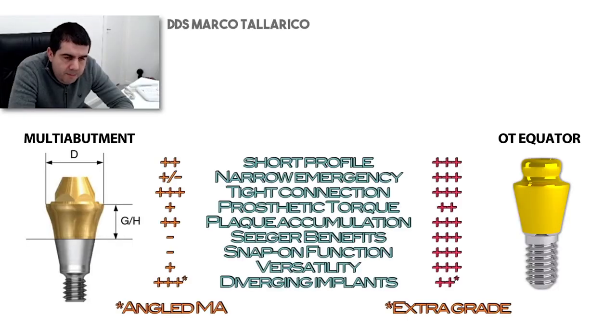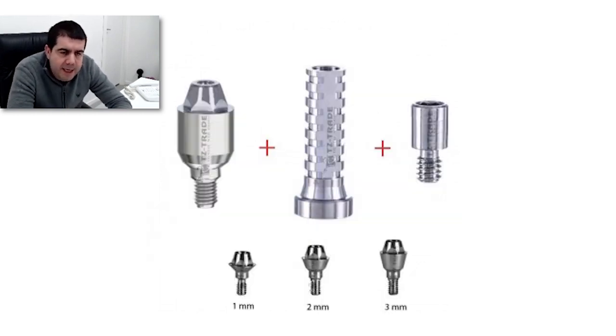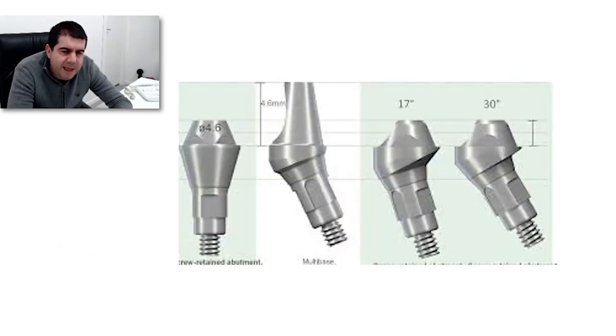Conclusion. In conclusion, my clinical experience leads me to confirm the validity of the classic multi-unit abutment component, which has been used for multiple years. They allow to convert the platform and lock the connection with the one abutment one-time functionality, allowing to preserve the bone, moving all the activity above it.